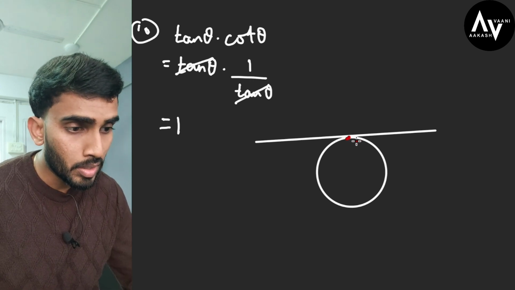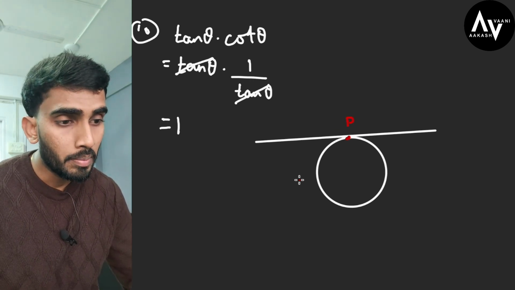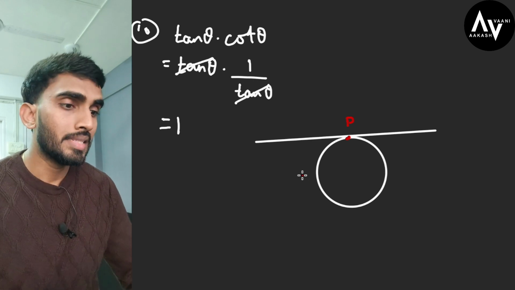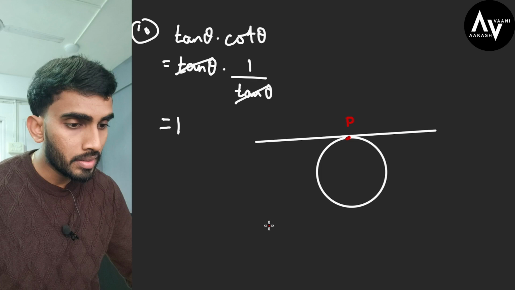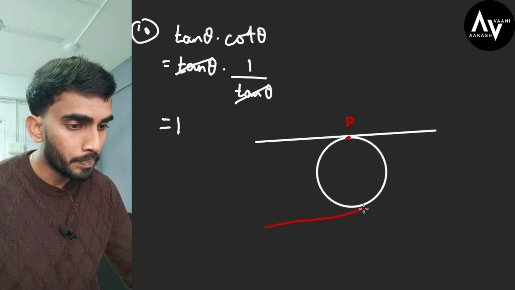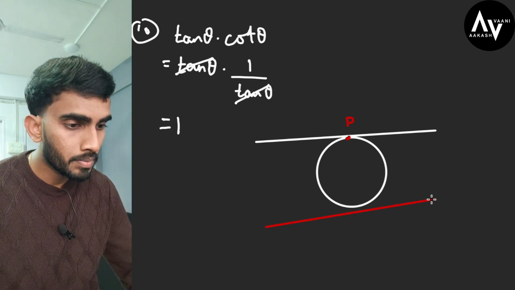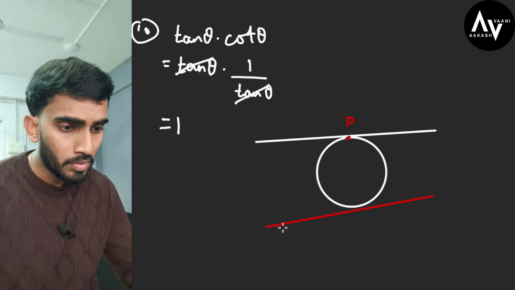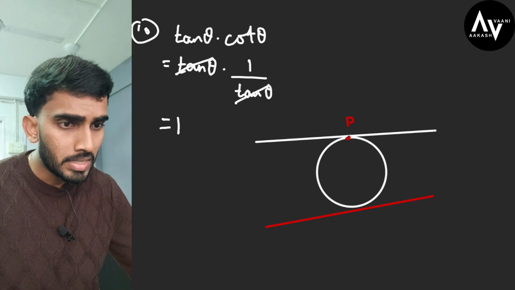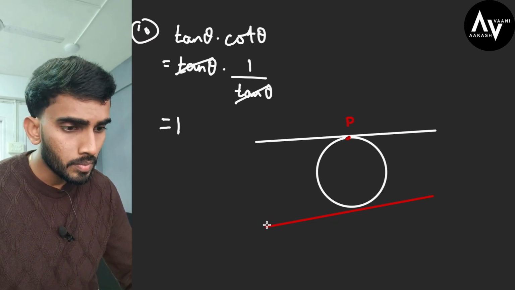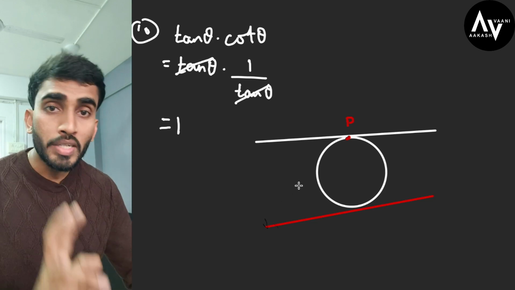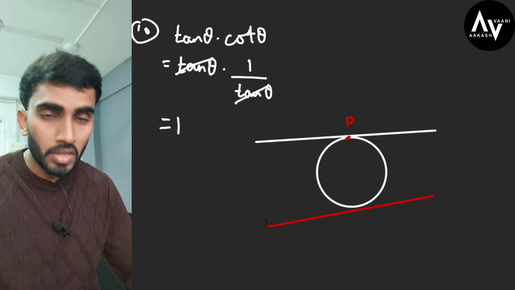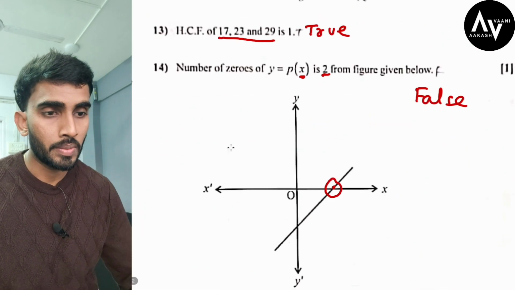Here it is intersecting at only one point, let's say point P. Now with this tangent, how many more tangents can I draw which will be parallel to it? I can draw only one tangent like this here, which is, by the way, not looking parallel, but let us say this is parallel. So only 2 tangents can be drawn to a circle which will be parallel to each other.